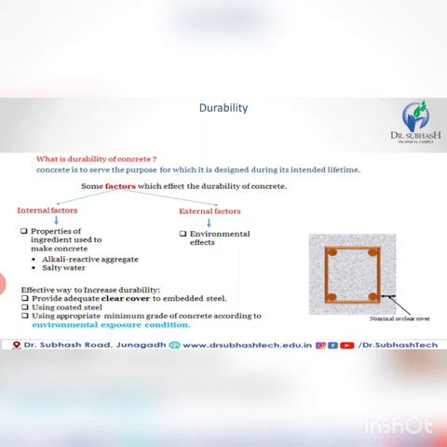Second, external factors, the environmental effect. The effective ways to increase durability are to provide adequate cover to embedded steel, use coated steel, and use the appropriate minimum grade of concrete according to environment exposure condition. Okay.